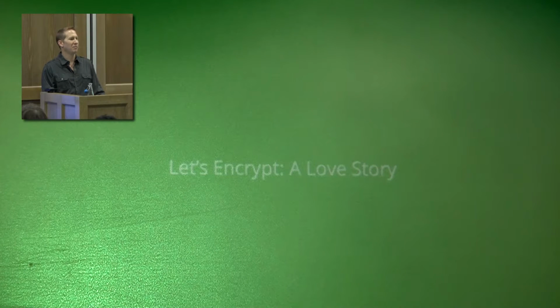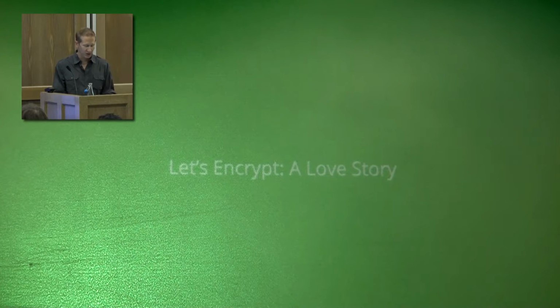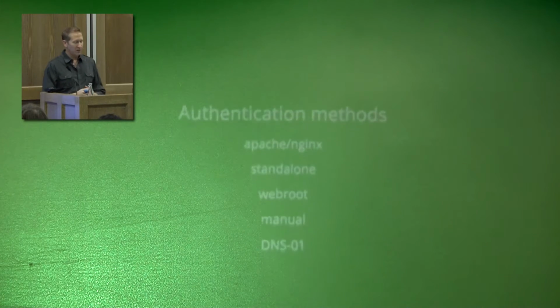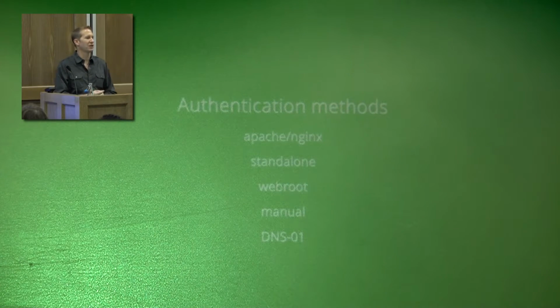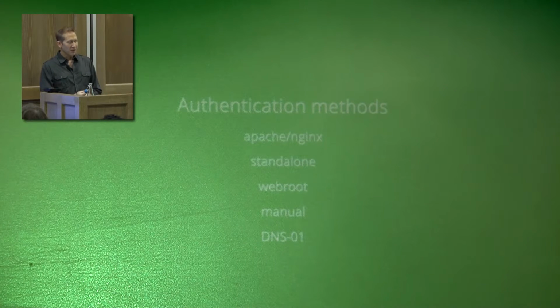So the good news is there is something that fixes this, and that's why I love Let's Encrypt, and we'll talk about them all day long. At this point, it's no longer a new thing. I'm sure most folks in here are familiar with it, but if you aren't, it's an automated TLS certificate generation and provisioning tool, and there are various ways of authenticating when you use it.